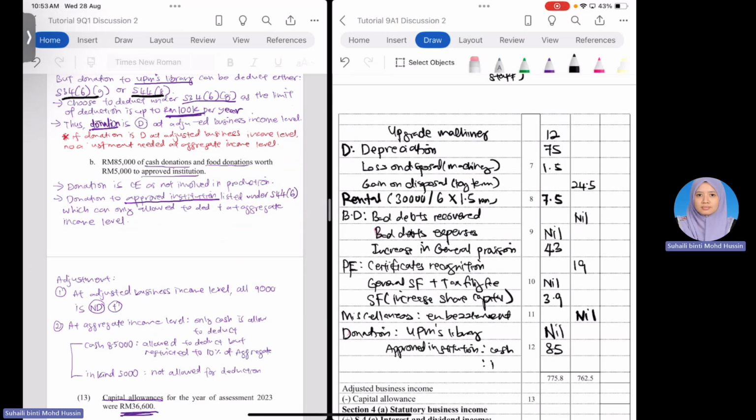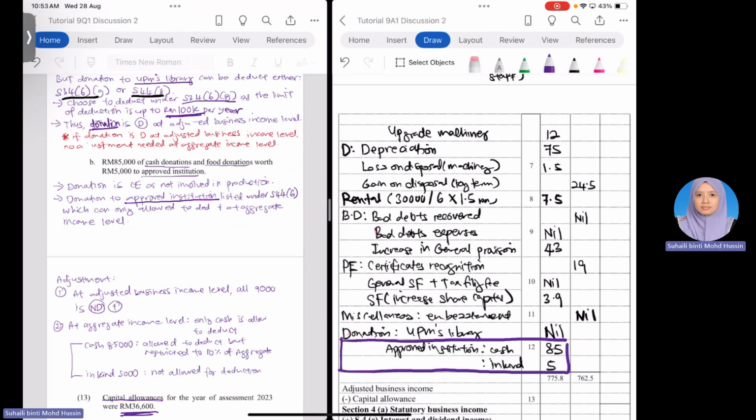In-kind donation at the adjusted business income level is also not allowed for deduction, so we have to add back RM5,000. Later on, these two donations will be recorded again under the aggregate income.